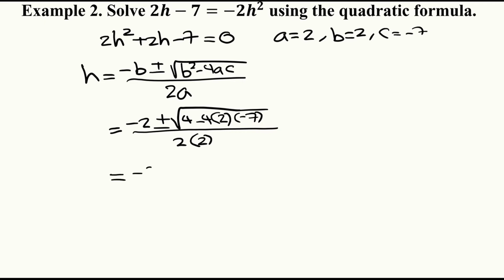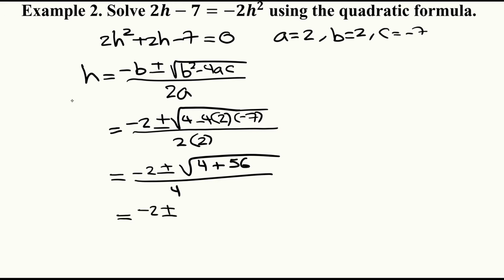So we get negative 2 plus or minus square root of, here we have 4, and negative 4 times 2 times negative 7 is going to give us a positive. We write that first so we don't forget it. And that's just 8 times 7, which is 56. And all of that will be over 4. So we'll go ahead and write negative 2 plus or minus square root of 60 over 4.